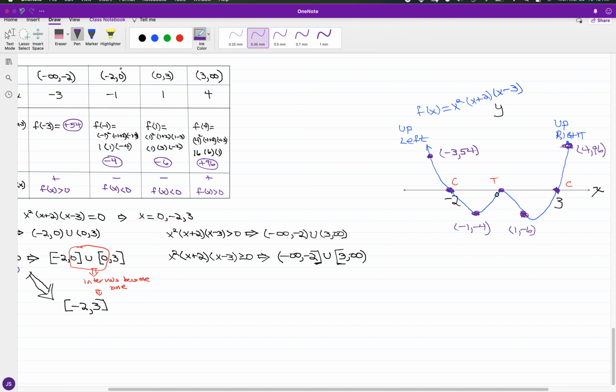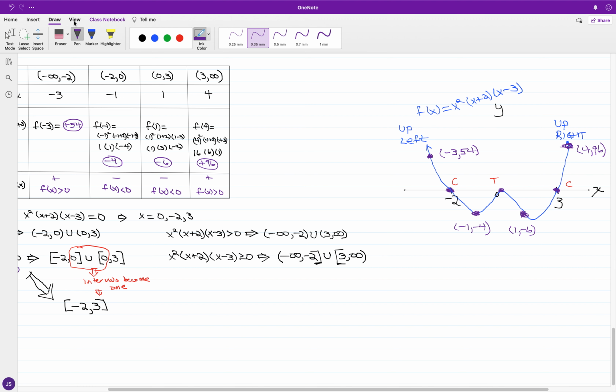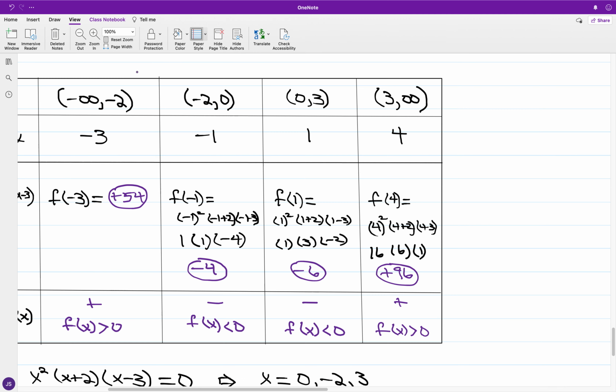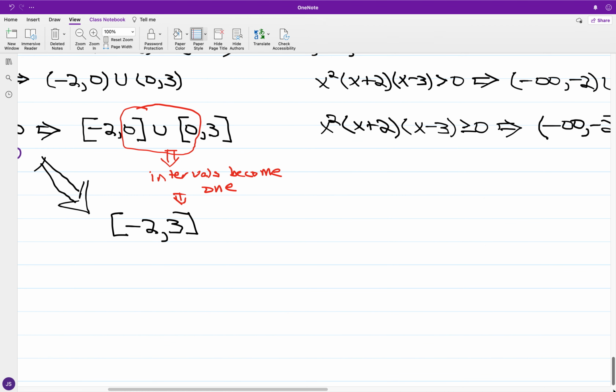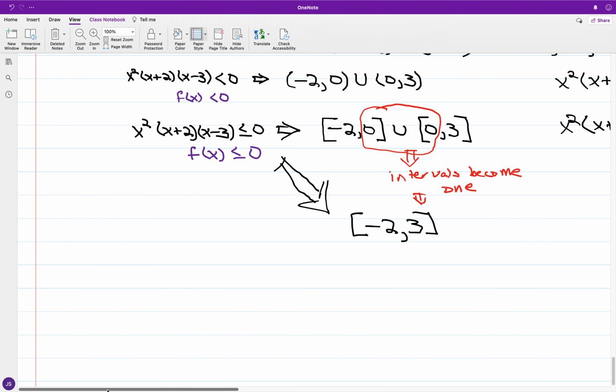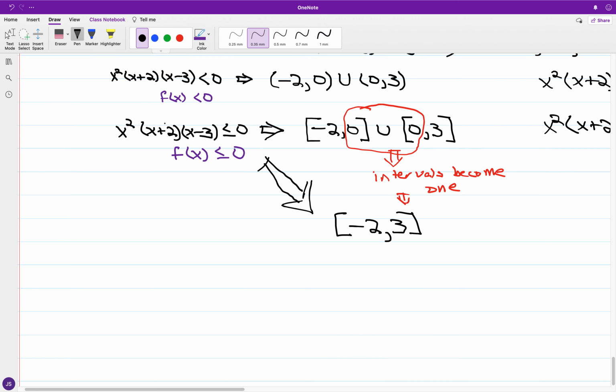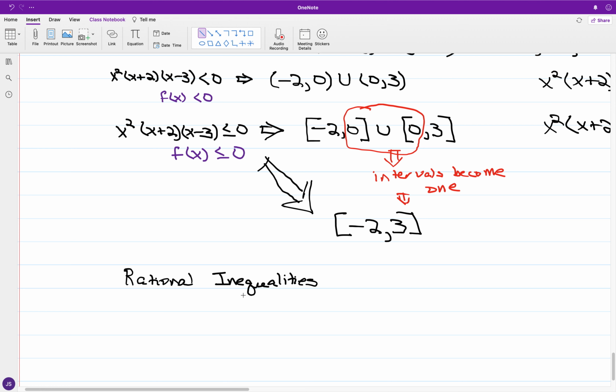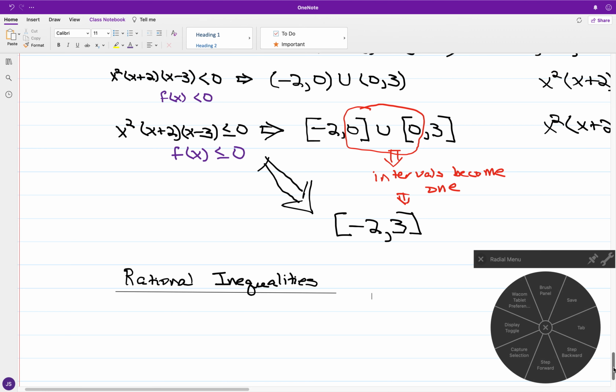I'm not going to get so much into the granular details, but along with polynomial inequalities, we're going to have rational inequalities. So you have rational inequalities.